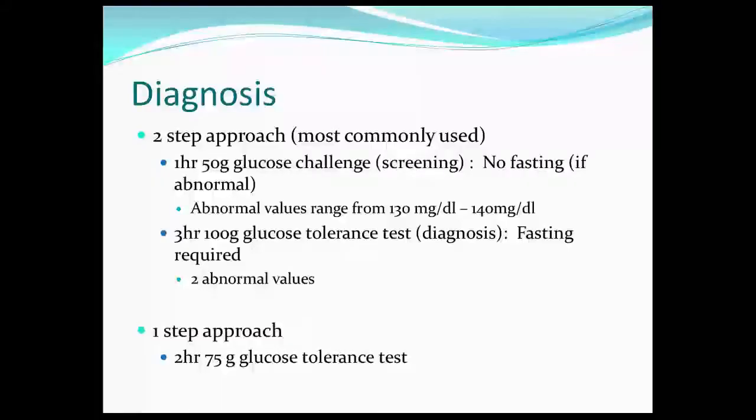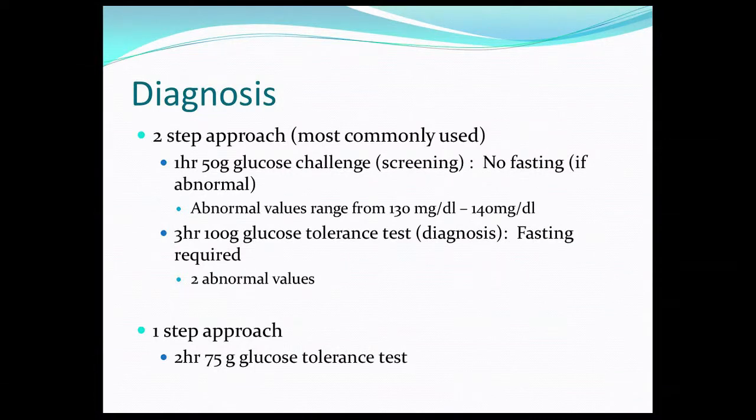If that is abnormal, and by abnormal, your doctor will have a specific value for his practice, whether it be between 130 and about 140. And that varies among the population at hand.